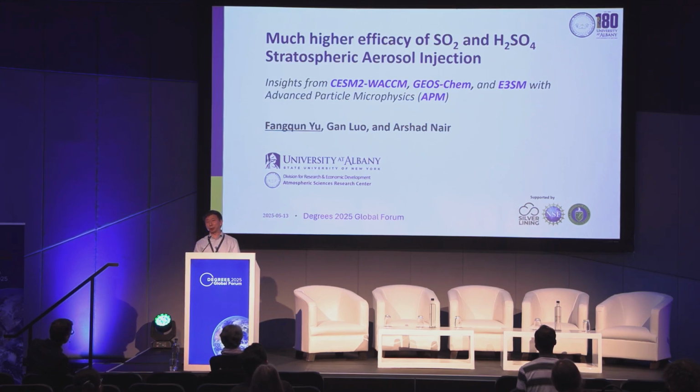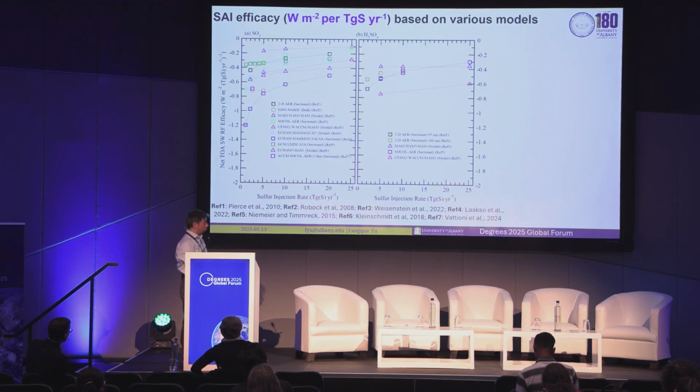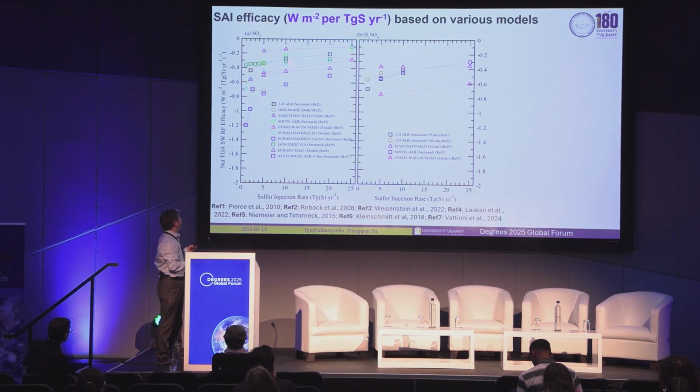And the key message of my talk, based on these studies, is that we find much higher efficacy of SO2 and sulfuric acid SAI compared to the previous results. So what is the SAI efficacy? Basically it's defined as the shortwave radiative forcing per rate of injection. So the unit is watts per square meter per injection rate.